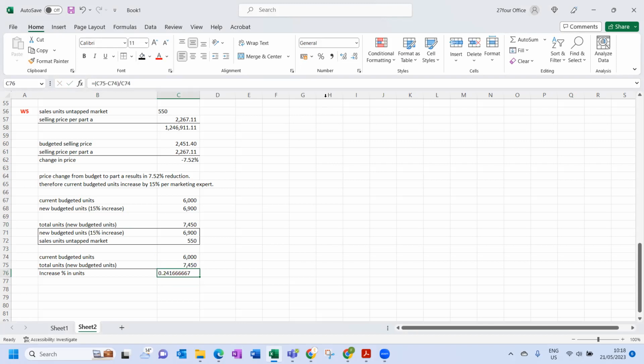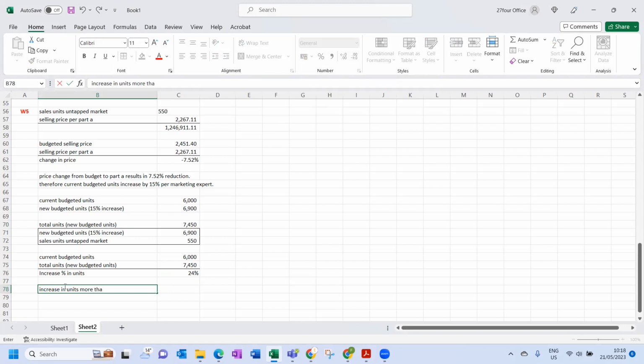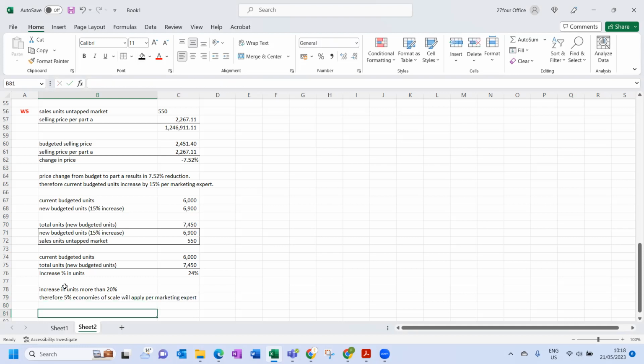As you can see, the increase is more than 20%. So here we're going to say increase in units more than 20%, therefore 5% economies of scale will apply. That is basically what we must take note of.